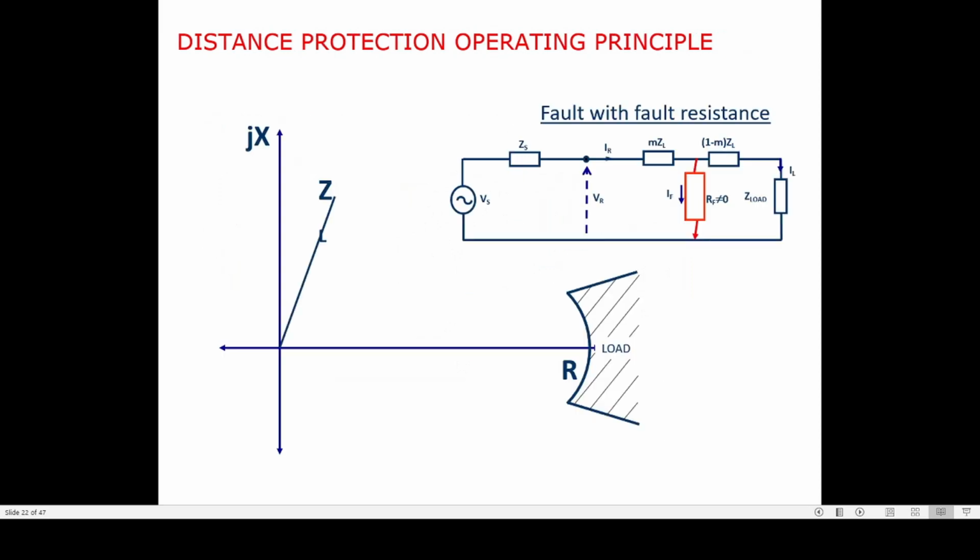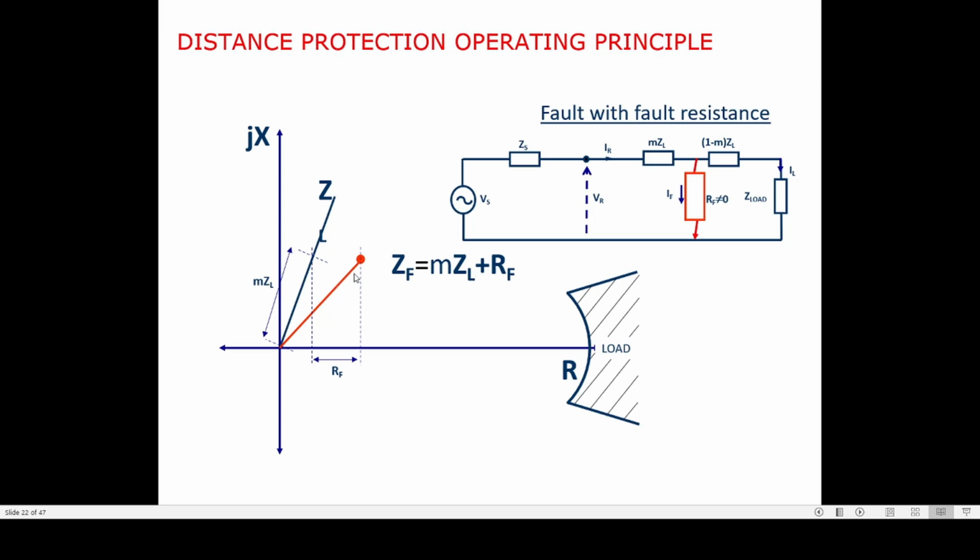If you remember from the last 2 or 3 slides, the impedance relay or the distance relay measures the impedance up to this point if the fault resistance is not present. Now, in the presence of fault resistance, the relay measured impedance moves to some other location.